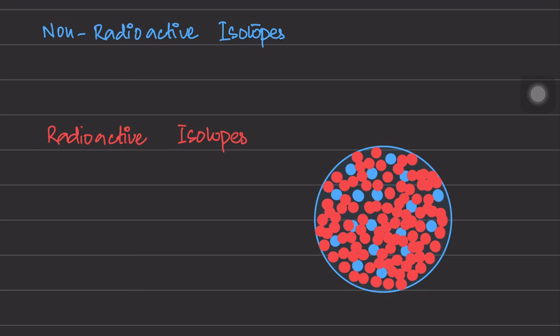When that number goes up, as the isotope starts getting bigger and bigger, the stability of it becomes more compromised. The more protons we have, the more repulsion you're going to have between the protons inside your nucleus. And there comes a point when the nucleus is going to break down.